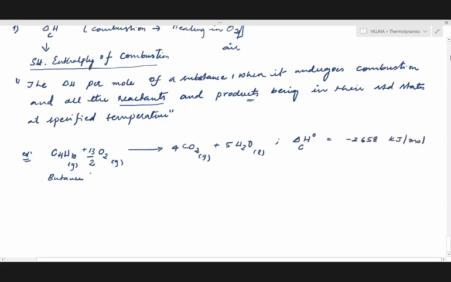Carbon dioxide exists in nature as gas only, so it's its own reference state. Water is liquid at room temperature, so it is its standard state. And oxygen is a gas, butane is a gas. So all of them are in their own standard states or reference states. That's why we are taking it as standard enthalpy of combustion, delta Hc.